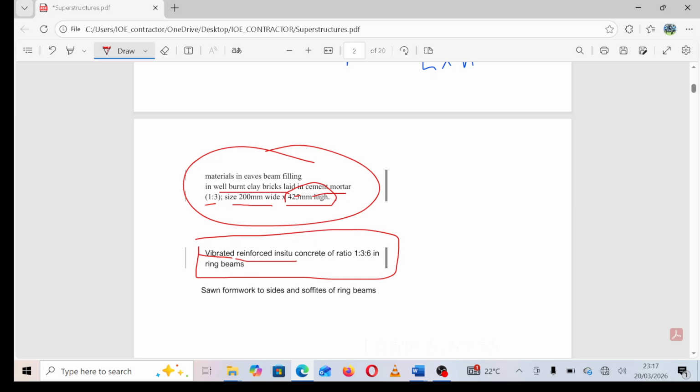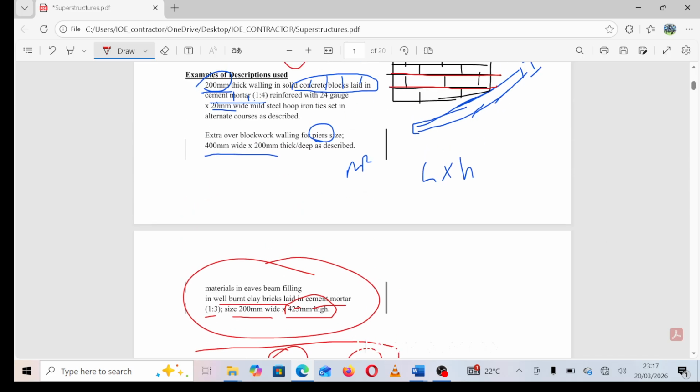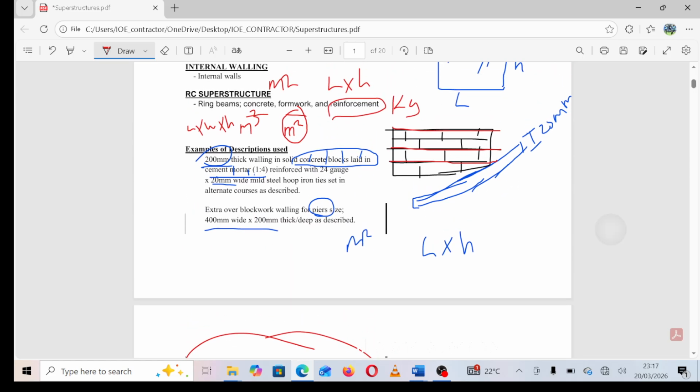Reinforced in situ, meaning we are casting it wet. Concrete of ratio 1:3:6 in the ring beam. This is usually the class. That's some assignment for you to find out what class it is. So that is concrete, and it's in cubic meters, as we stated here.